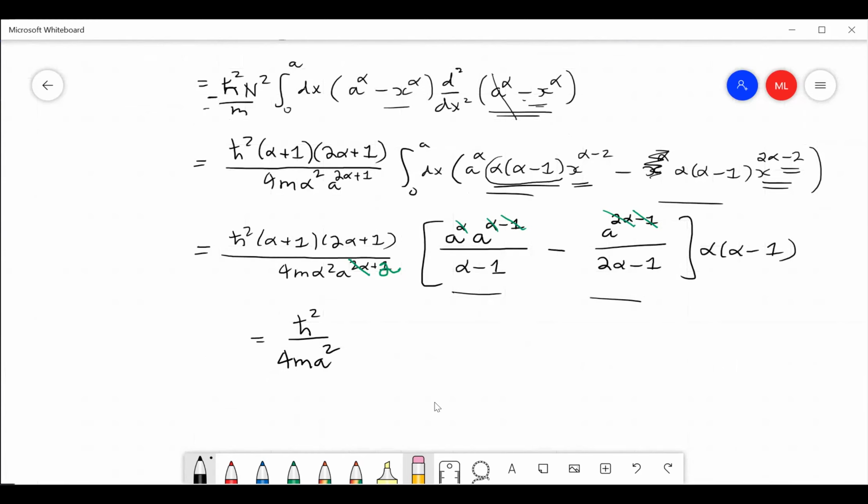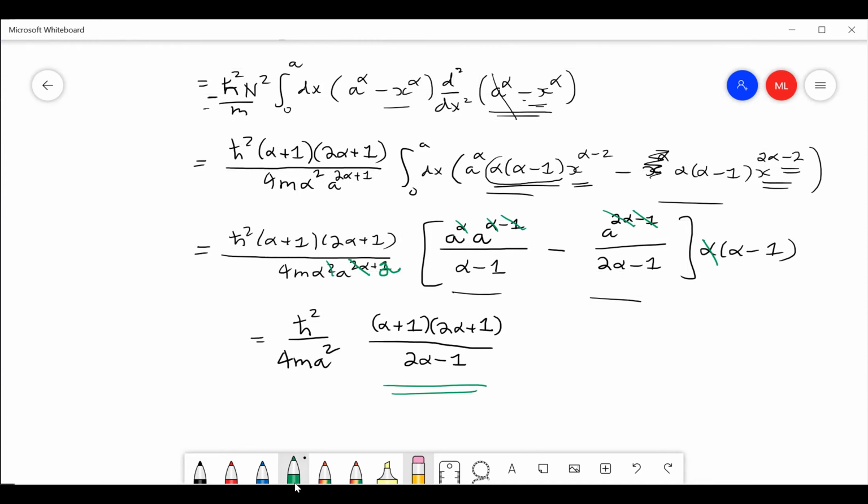So you have this, and then the rest of it is just alpha plus 1, 2 alpha plus 1, divided by 2 alpha minus 1. That's just after doing the algebra of these alphas and canceling stuff out. You can sort of see what happens here. So one of the alphas gets canceled like that. Then you can just multiply this out and simplify the expression for alpha, and you end up with this.